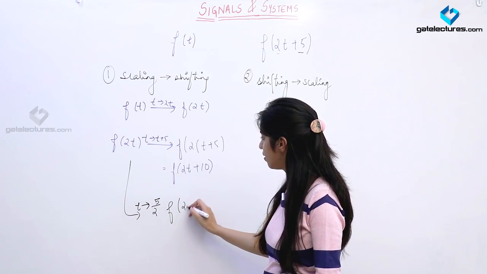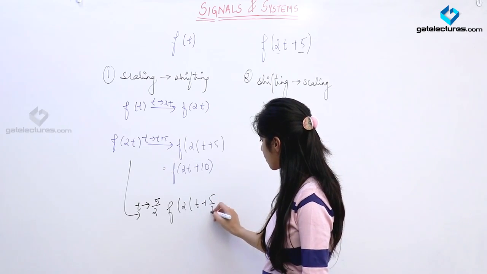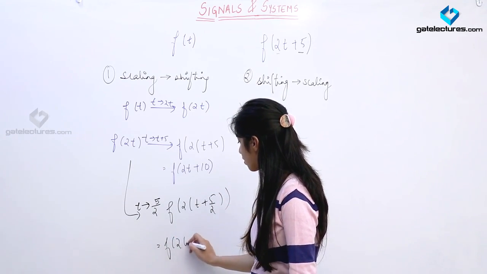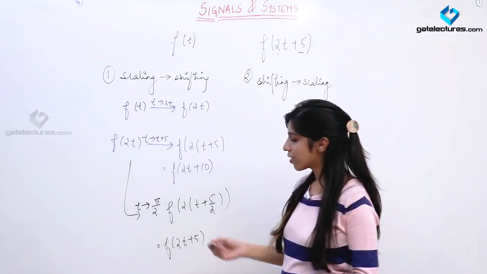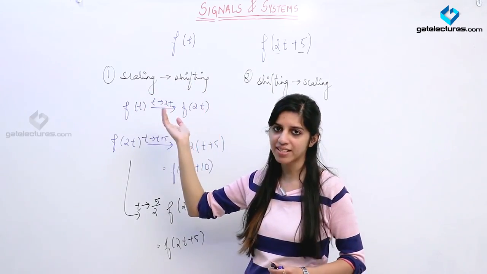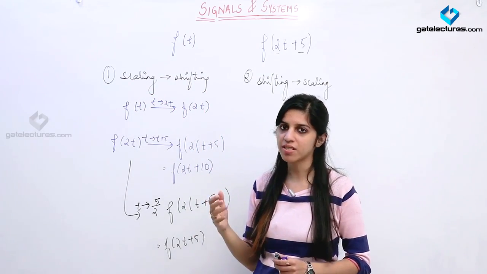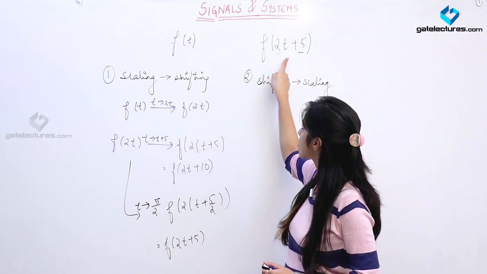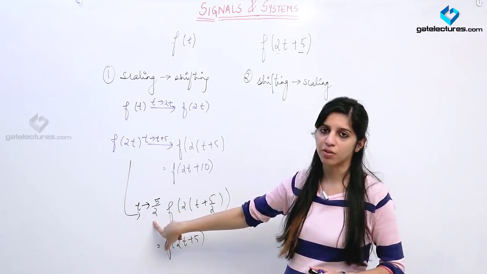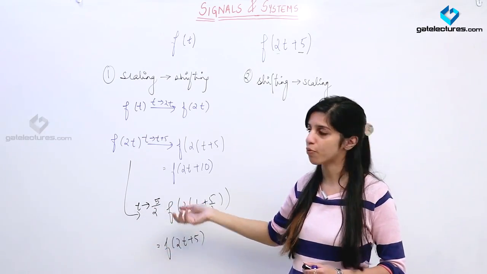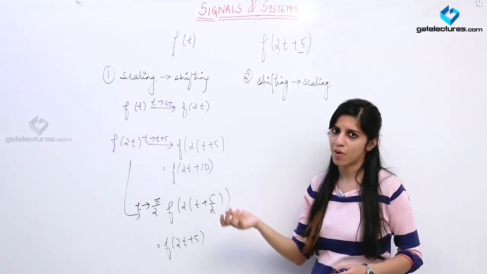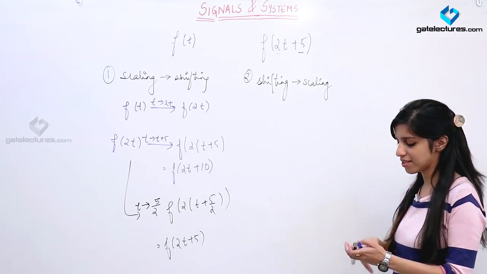Then this would have been t plus 5 by 2, and when you simplify it, you would have obtained 2t plus 5. So if you have to perform scaling first and shifting next, you have to take the precaution of adding a correction factor to the shift. Then you can perform in this sequence also. But it is advisable to perform shifting first and then scaling.